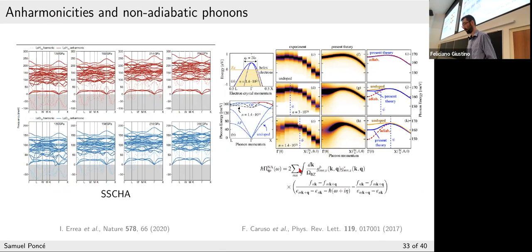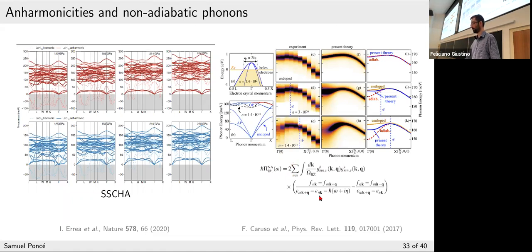For non-adiabatic phonons, this is basically diamond. And if you dope it quite heavily, so this is boron-doped diamond, what is happening is that you have a softening of the mode, and you also have this broadening. So what is this thing? It's simply the phonon spectral function. This is similar to the electron spectral function, but for phonons. And so you are renormalizing your phonons.